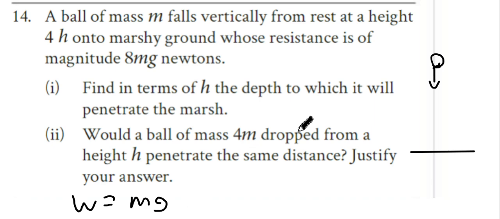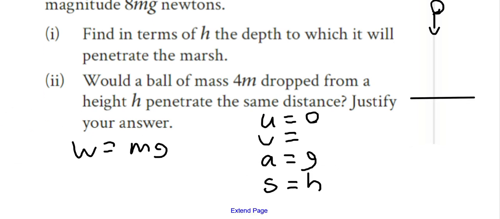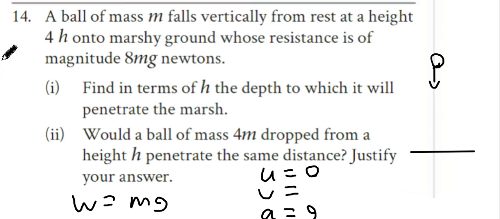So what happens next is we do u v a s t. u is 0, v we don't know, that's what we're after. a is gravity, which I'll keep as g, because I think they'll cancel eventually anyway. s is 4h, because it drops a distance of 4h.